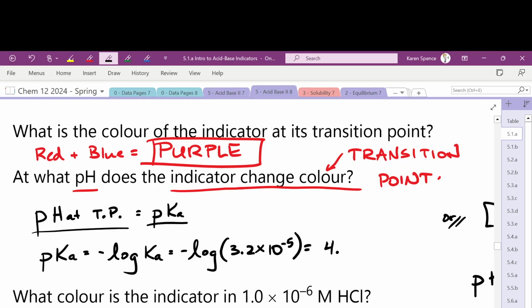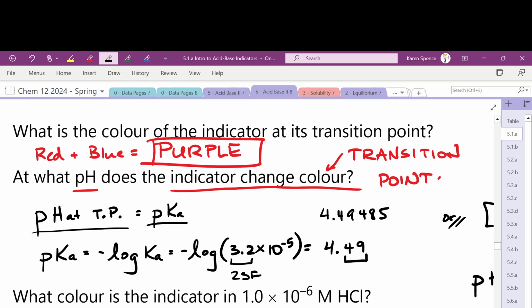So we have the negative log of 3.2 times 10 to the minus 5. How many digits should I have in this answer? My number is 4.49485. How many sig figs here? 2 sig figs. So how many digits should I have over here? 3, because I need to have 2 after the decimal place.